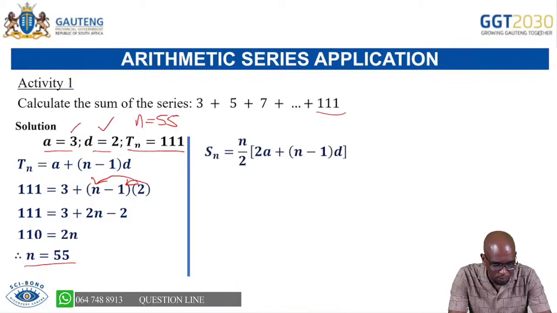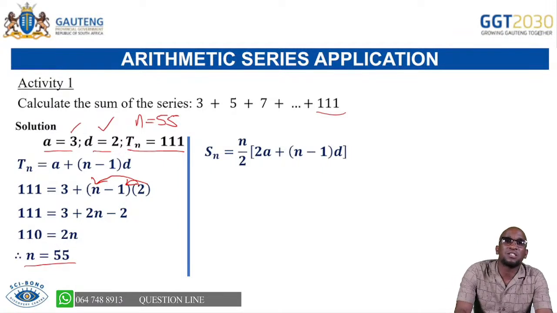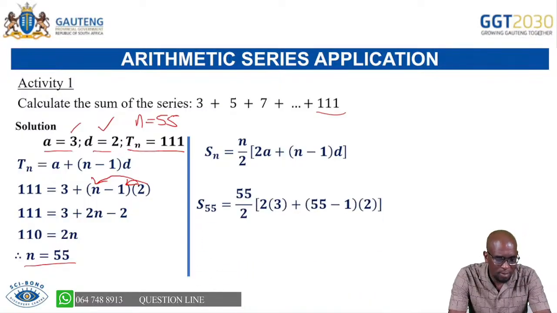Now in doing so, we say that Sn is equal to n over 2 into 2a plus n minus 1d. That is the formula for adding n terms of an arithmetic series. Now, in moving on, we are going to substitute. Where we see a in the formula, we put 3. Where we see d in the formula, we put 2.